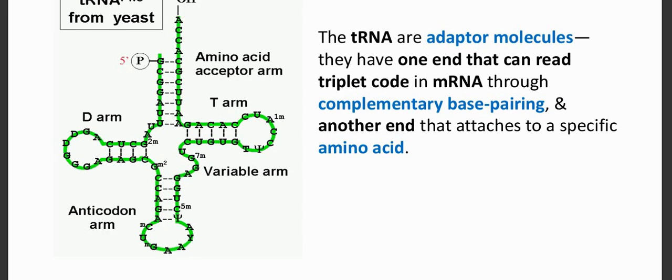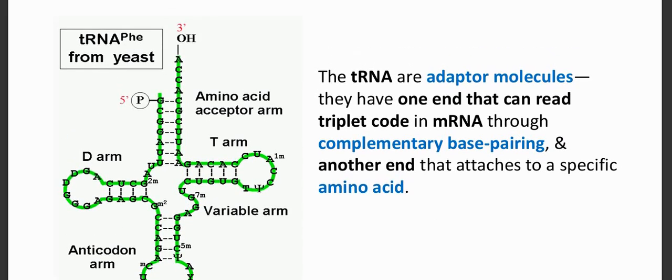Not really stopping, but signifying that we are done with the first triplet. We need to add another triplet. Yeah, so it's an adapter molecule connecting, right? They have one end that can read the triplet code in messenger RNA through complementary base pairing, and another end which attaches to the incoming amino acid.